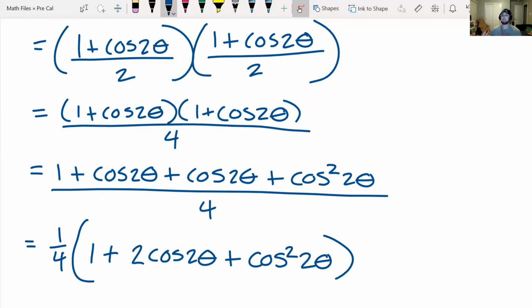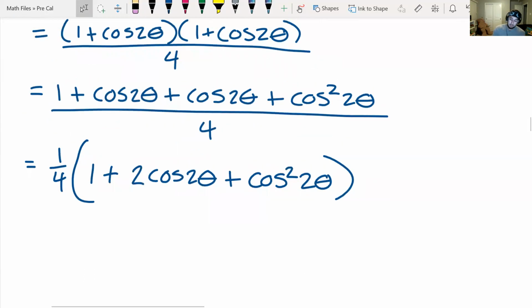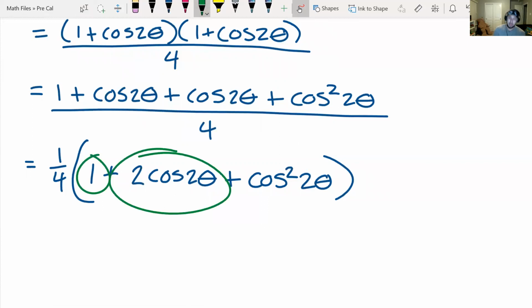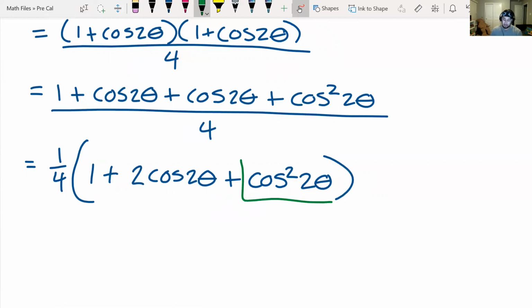All right, guys, we're almost there. This is perfect because it's the power of 1. This one ruins it all because it's to the power of 2. So the only thing we have to fix is this cosine squared 2 theta.